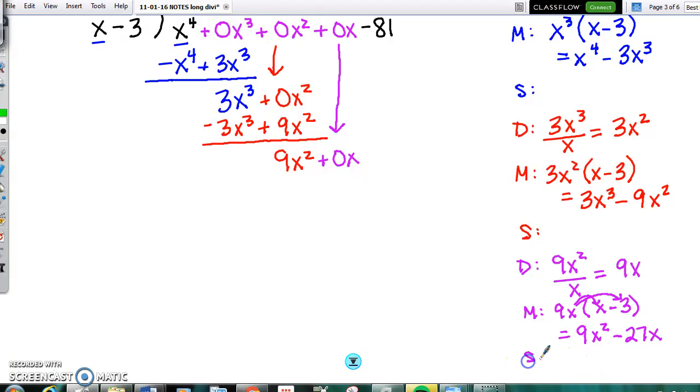And now we subtract. So we're going to subtract 9x squared. And we're going to subtract a negative 27x. Cancels 27.